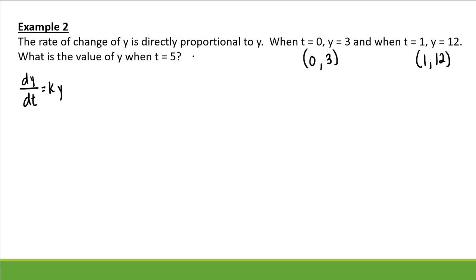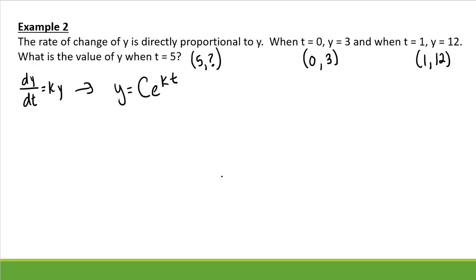So we know that this, because we just proved it, is that equation. You don't have to prove it each time. If you want to, you can. If you don't remember it, you can. But now plug in this initial condition.